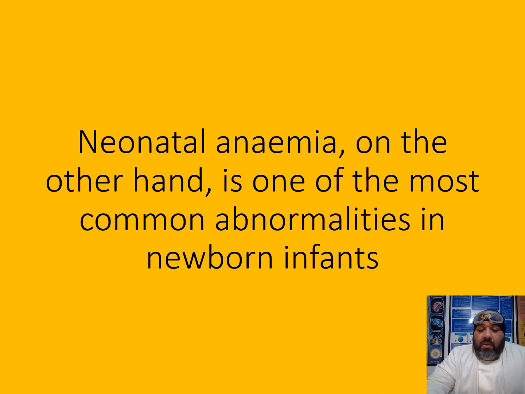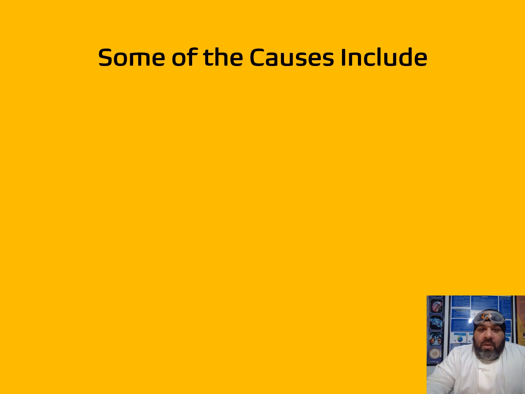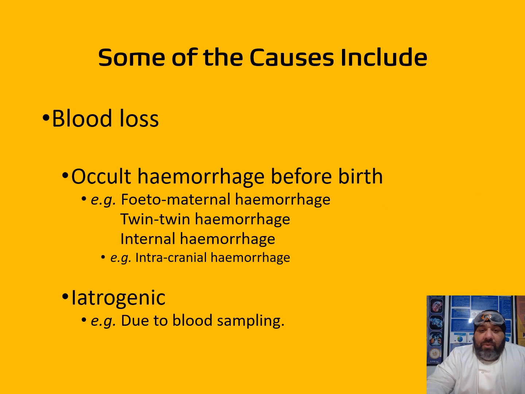Neonatal anemia, on the other hand, is generally one of the most common abnormalities in newborn infants. Some of the causes include general blood loss and occult hemorrhage before birth. So, for example, there can be evidence of fetal or maternal hemorrhage, twin-to-twin hemorrhage, and internal hemorrhage, for example intracranial hemorrhage.